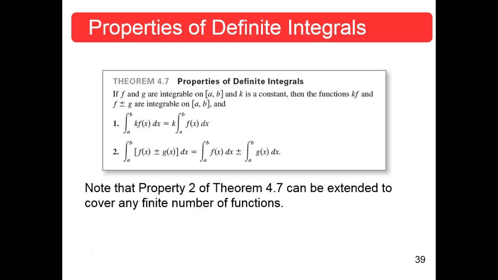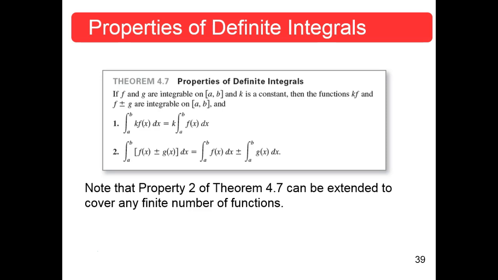The integral from a to b of k times f of x dx. If k is just a constant, no dependency on any variable, or at least not on x, then you can pull it out of the integral and do the integral of f of x dx from a to b. Or if you're doing the integral of f plus or minus g of x, they're both integrable functions, remember, from a to b, then you can do the f first and then plus or minus the integral of g.